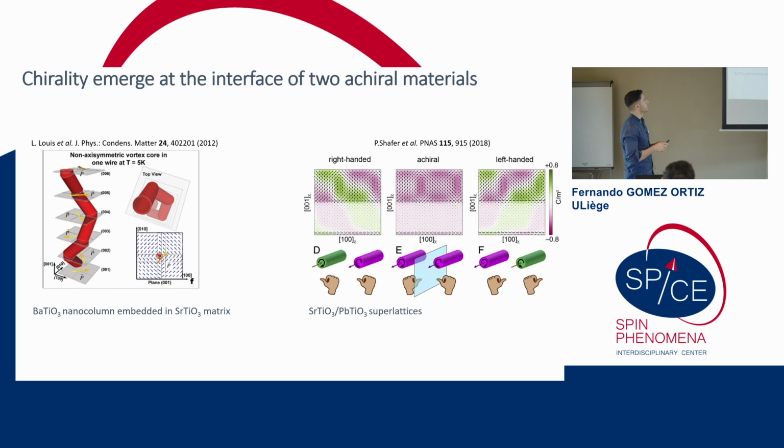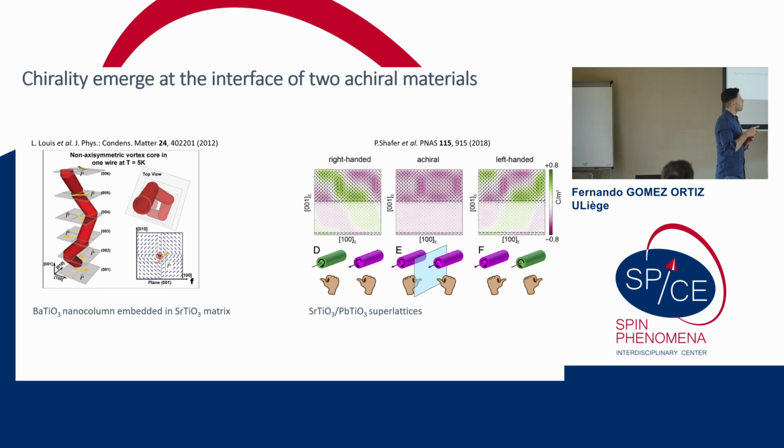So look at the date, 2012, where they proved that the in-plane components of the polarization couple with the out-of-plane components in a way that they are chiral. So we can have essentially right-handed, left-handed, or achiral configurations, depending on how the out-of-plane components couple with the rotation in plane.